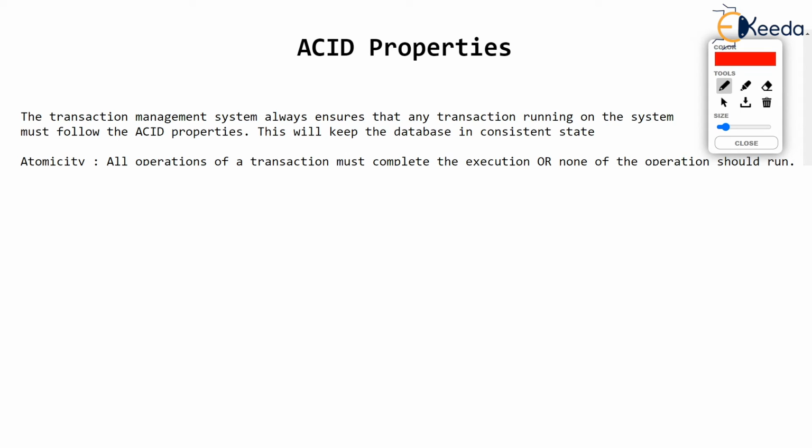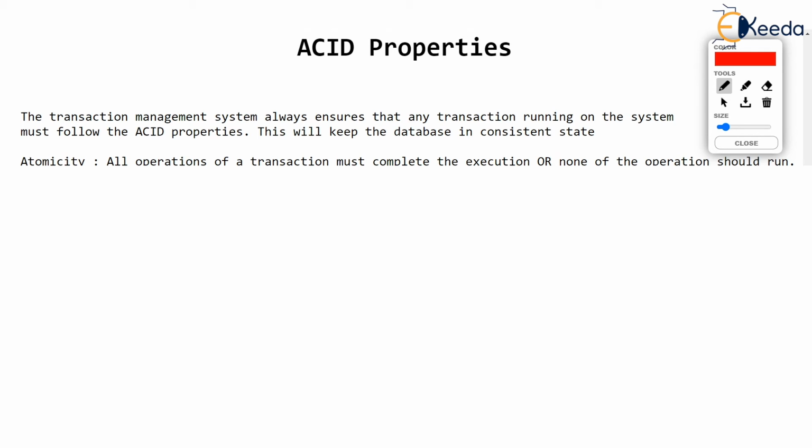Last is durability. Durability means suppose some transaction is over, some transaction has finished entirely, it has executed all its operations. Then there is a special statement called commit. What this commit means is that whatever changes, whatever updates T1 has done must finally be permanently written back to the database store.